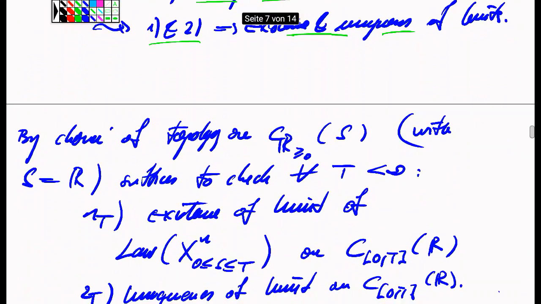Okay, so the most difficult part, after we have settled the multi-time central limit theorem, is the existence of a weakly convergent subsequence, or the compactness.